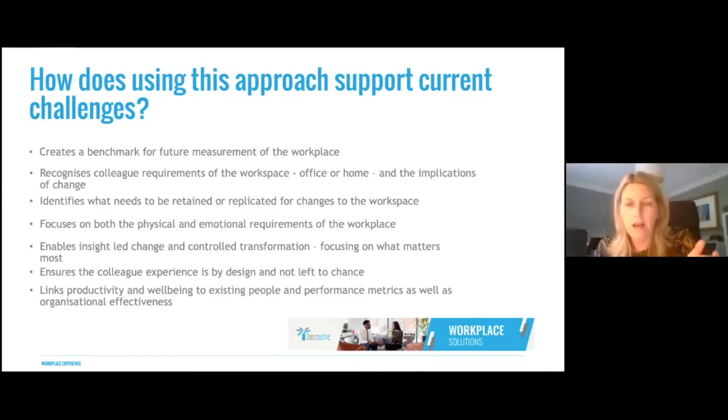One of the massive areas around this and the emotional requirements is staff mental well-being. I know that's a whole different conversation, but it's playing in the back of my mind as we're talking about this, just how important it is to place these considerations on your people, beyond just the building.